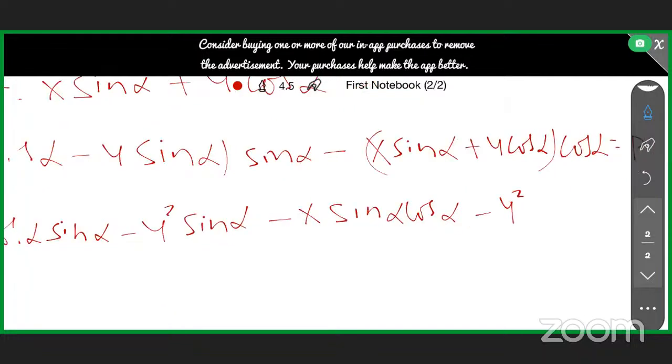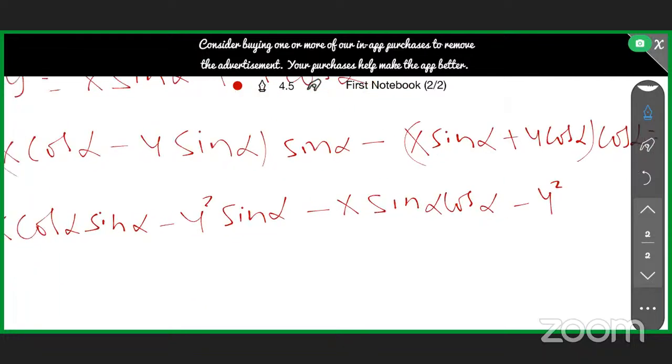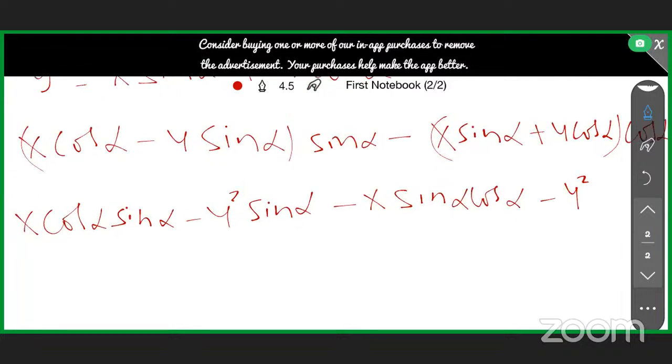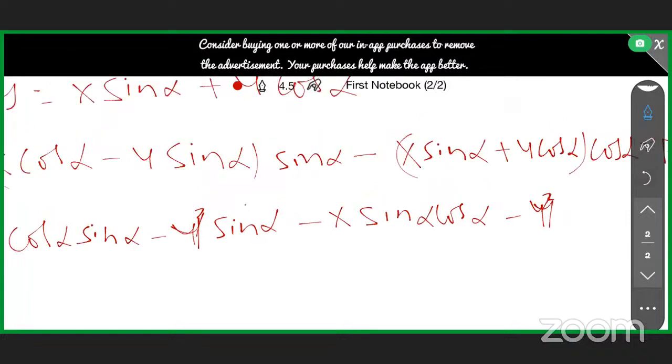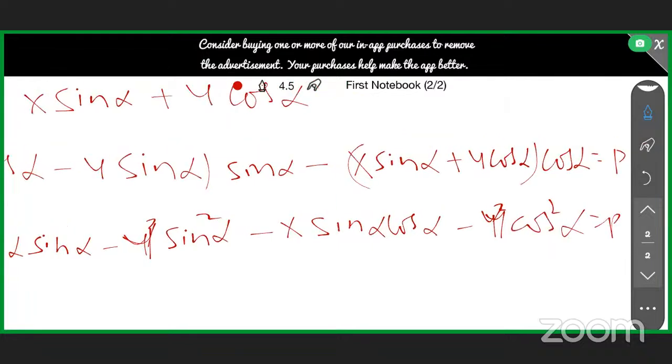Sorry, it's not y square, it's y. So minus y cos square alpha is equal to p. Look carefully, this one gets cancelled. Minus y sin square alpha minus y cos square alpha is equal to p.